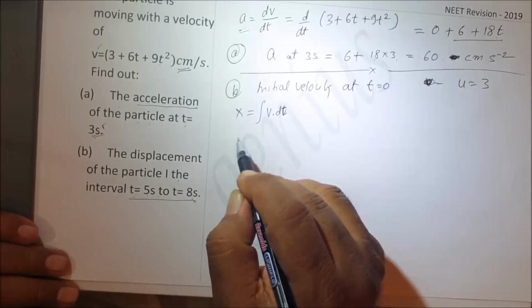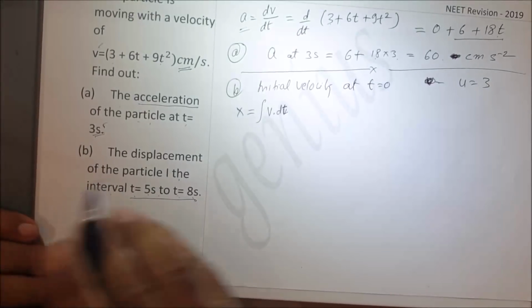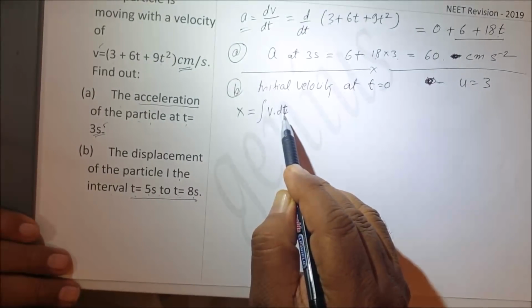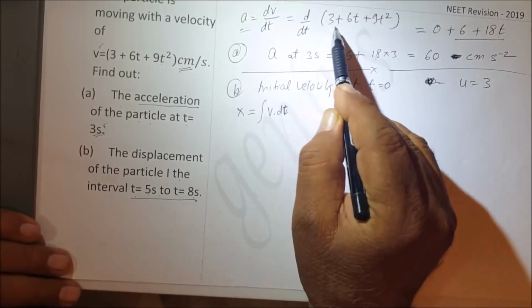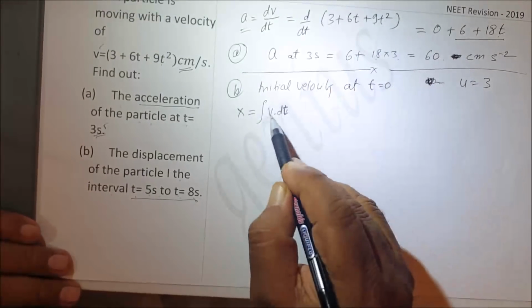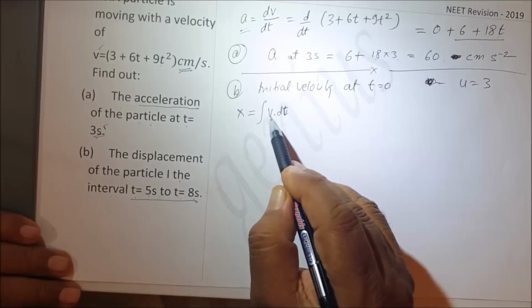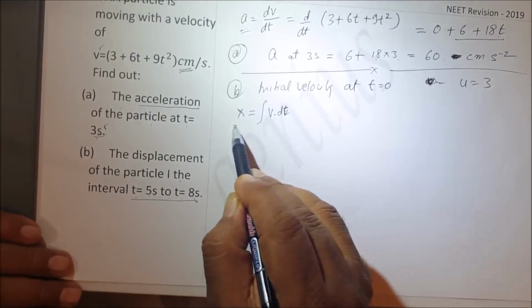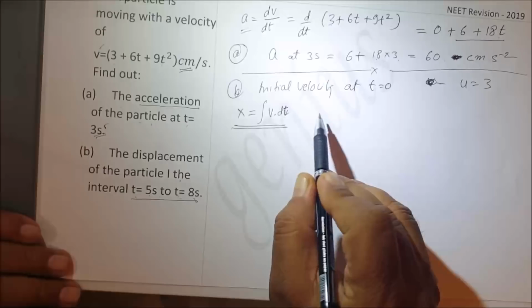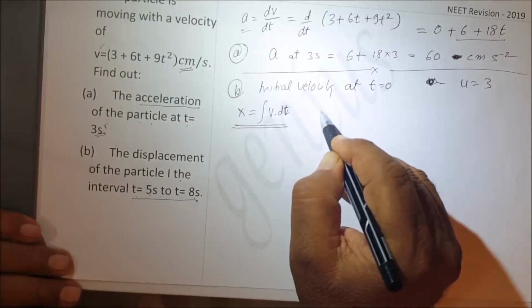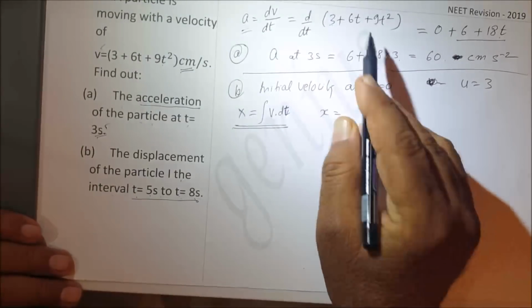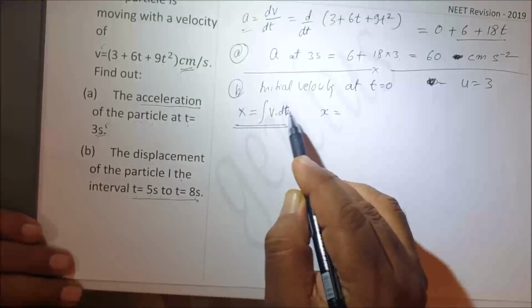We get displacement x. You know, x is equal to velocity into time. So if there is a variable velocity, we write it as a function of t. So that is the integration of v dt. This formula is well known to us. So here we have x equal to this whole thing multiplied by dt.